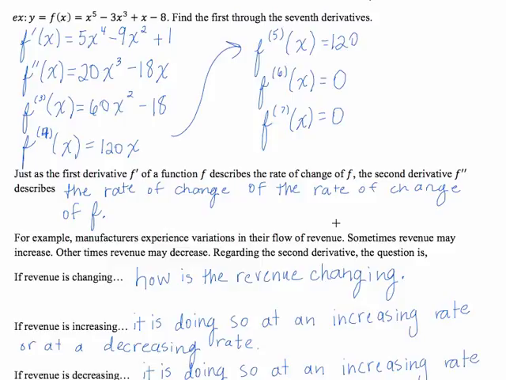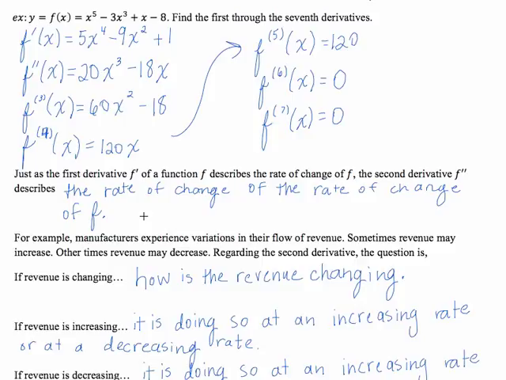Although that's just something I heard, and it's probably true though. Most of the time, we're really just going to look at the first and second derivatives because those are truly applicable. So just as the first derivative f prime of a function describes the rate of change of f, the second derivative f double prime describes the rate of change of the rate of change of f because we're differentiating the rate of change.